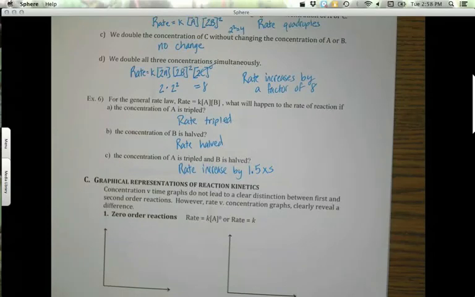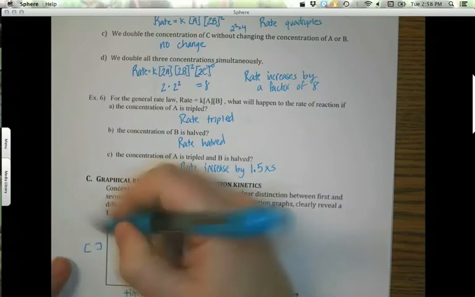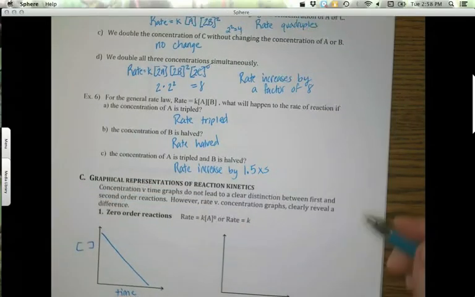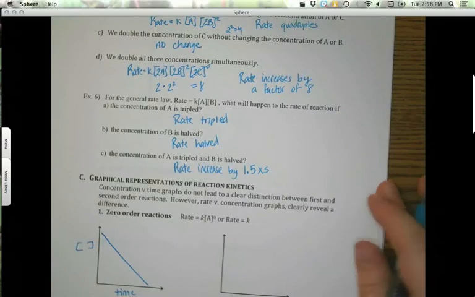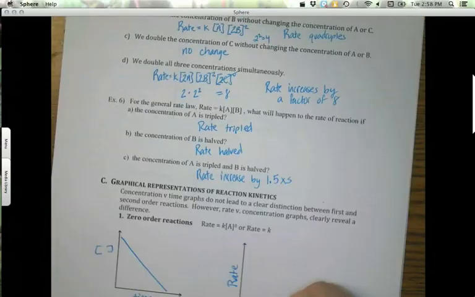And so that's what we're going to do. So we'll start with our 0 order reactions. If we have concentration versus time, we just get a straight line. But 0 order means that the concentration doesn't matter. And so we graph that and we would get a horizontal line.